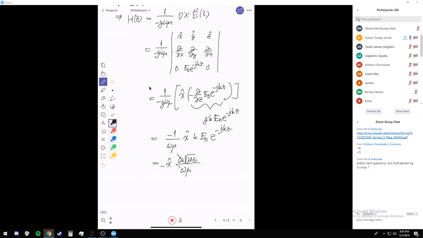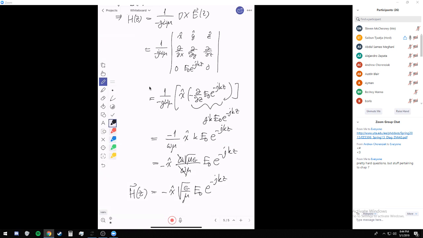So omega and omega cancel out. And then I have E0 e to the minus jkz. Then it gives me minus x hat times the square root of epsilon over mu, E0 e to the minus jkz. So that will be my H field.